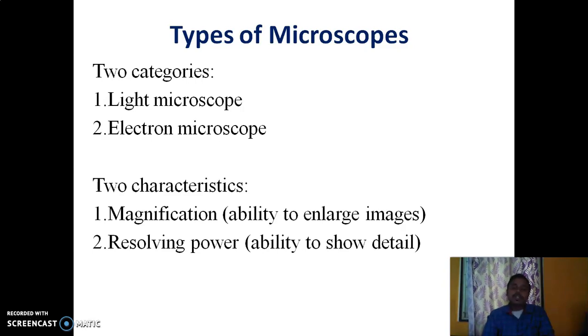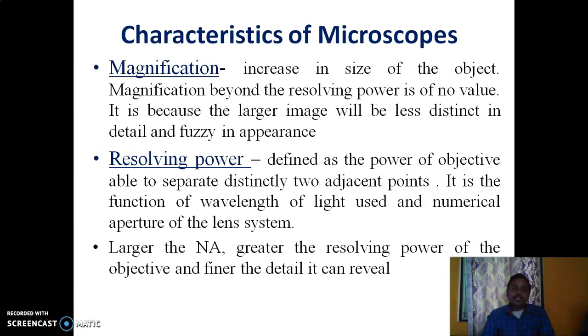The first one is magnification. Magnification basically means the ability to enlarge images. The second characteristic is resolving power. Resolving power is the ability to show the detail of the image that we are observing. We'll see in detail about magnification and resolving power.